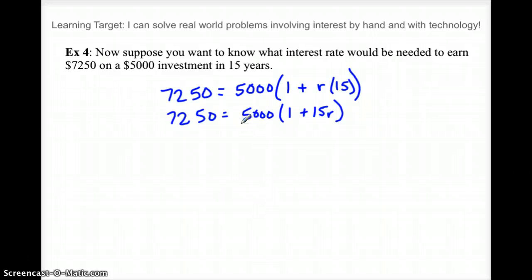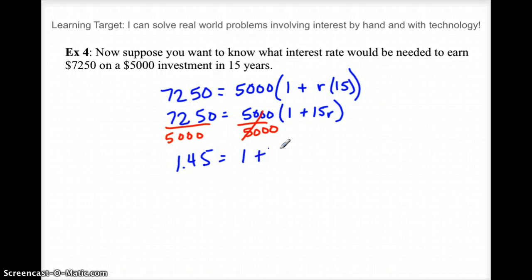Not really. So again, like the last one, to form good habits, I'm going to have you divide first. Okay, so 7250 divided by 5,000, we already did that. We got 1.45. 1.45 equals, I'm going to get rid of the parentheses, 1 plus 15r.